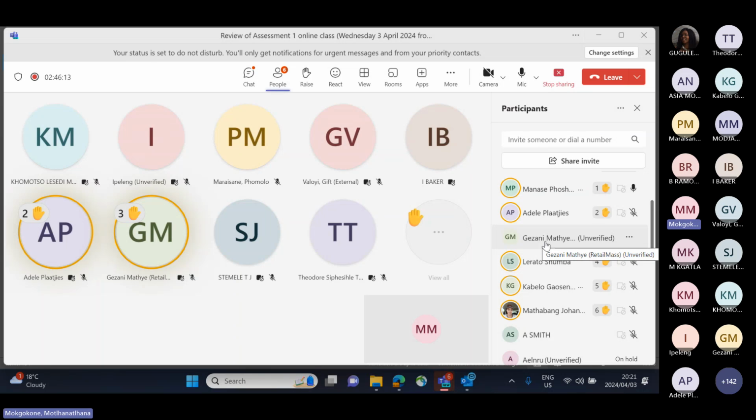VAT output is the VAT collected on the sale of goods or rendering of services by the entity and will be paid over to SARS. VAT output is a liability, and liabilities increase on the credit side and reduce on the debit side.